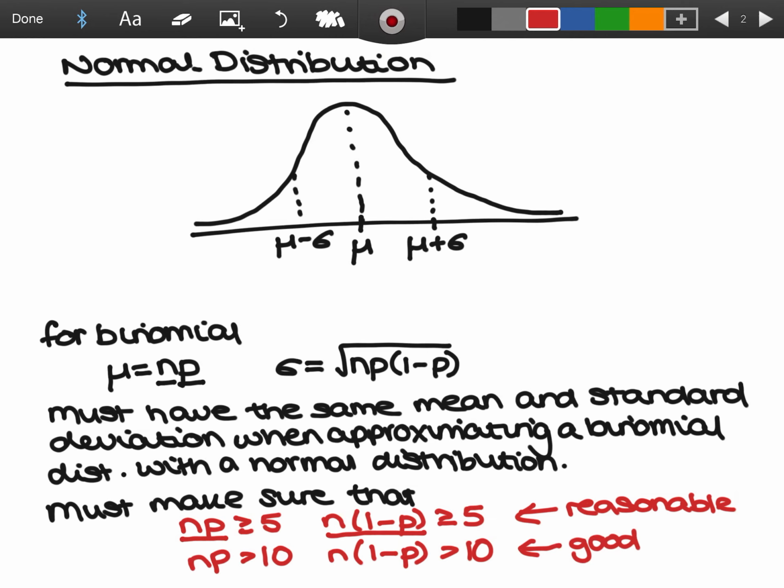So that's two things to remember. You have to have the same means and the same standard deviations between the two distributions, but you also would like both the expected number of successes and the expected number of failures to be greater than 10.